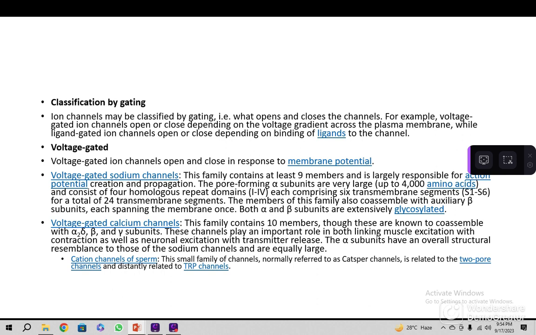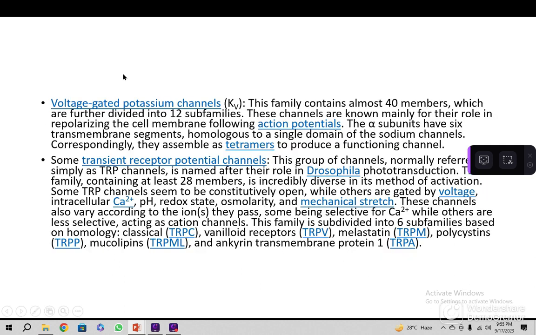So, the classification of gating: there is the voltage-gated type, for example voltage-gated sodium channels and voltage-gated calcium channels, and there are cation channels, and so on. In this fashion, there are voltage-gated potassium channels and transient receptor potential channels.